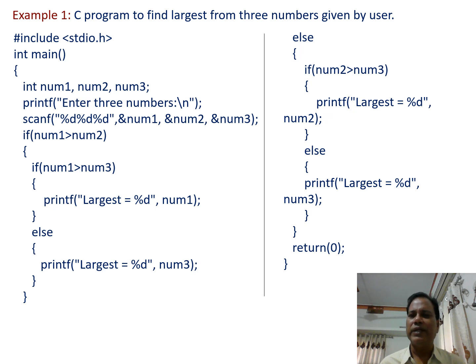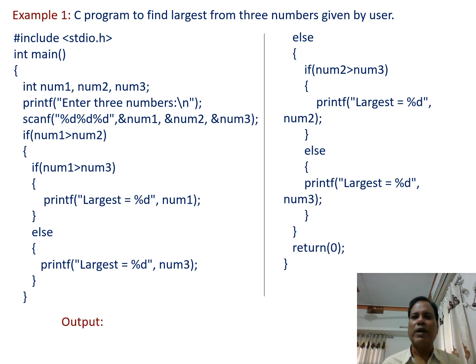If this condition is true, then printf largest equals %d with num2. Num2 is the largest, it is printed. Otherwise, the largest number is num3, so the third number is the largest one that gets printed. So in this way we find that using nested if-else statement, we can easily find the largest number among the 3.